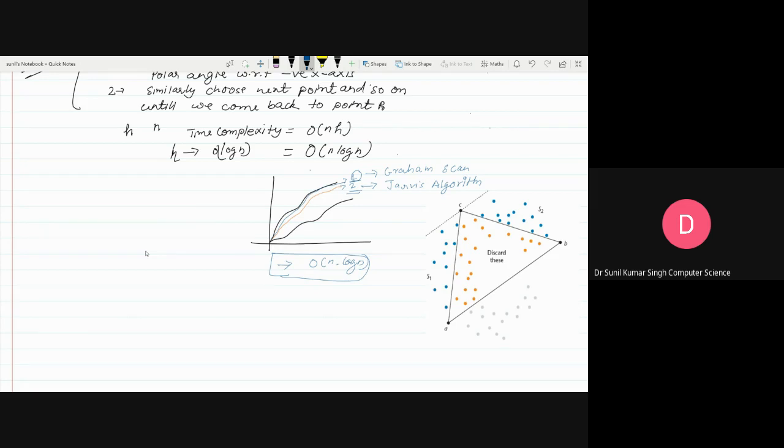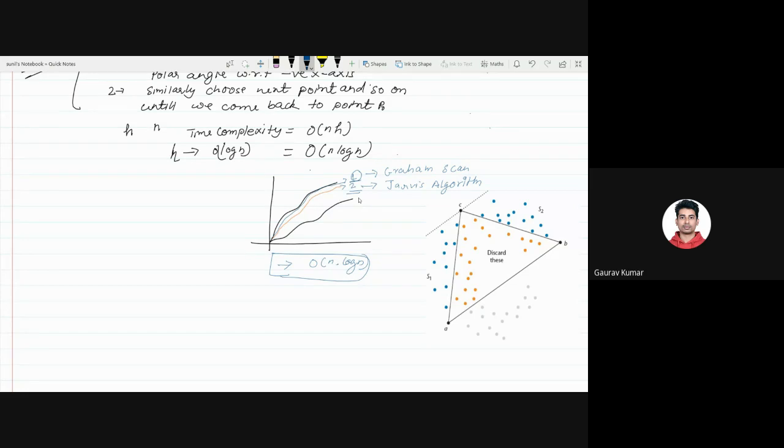Sir, I am trying to say that in the Graham scan algorithm, the complexity is order of n log n, and I am subtracting some more terms, minus 3 log n. Yes, I got it, and the same thing I have told also. So that is the meaning, right?